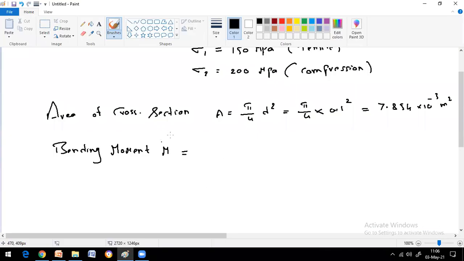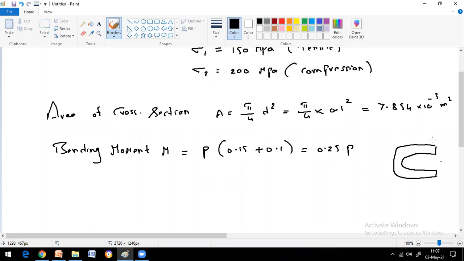So that's what I am writing now here. Bending moment M is equal to P of 0.15 plus 0.1, which is equal to 0.25 P. ఎలా వచ్చింది? So this is your load P. This load into distance to center. ఇక్కడ వరకు distance.